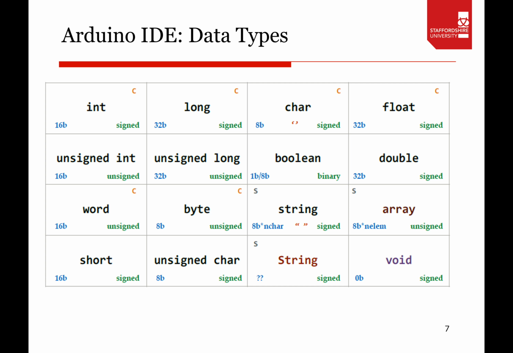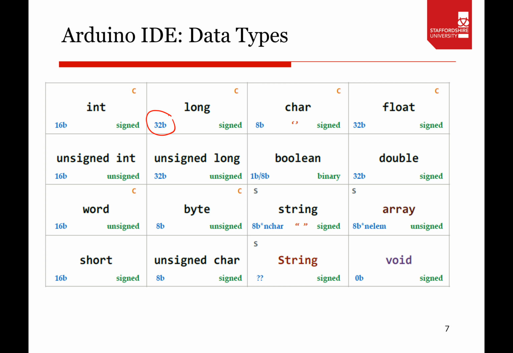So why do we have different data types? Well, the memory of a microcontroller is very, very small. So what the designer needs to do, when they're defining their variables, is to use the smallest data type possible. So imagine you're using a couple of bits and you use, say, a long integer. That's 32 bits and only a few bits are being used.